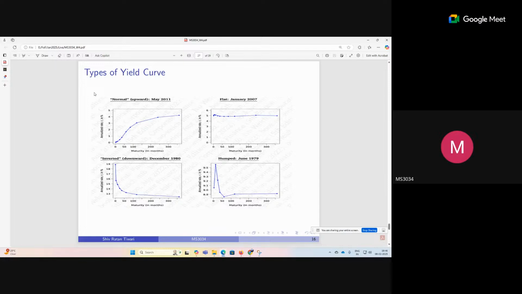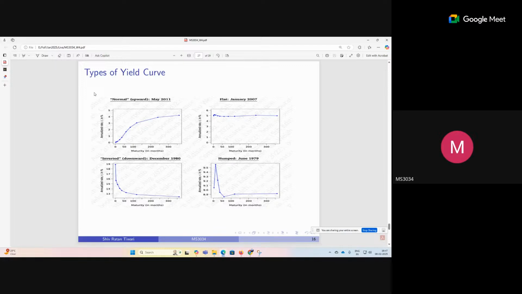Because when you hold an investment or a bond for a longer period, you are accounting for a higher risk, because in a longer period there are more uncertainties. Many things may change in comparison to the short term. If you are looking at only 3 months versus 10 years, in 3 months things are less likely to change, but in 10 years things may change.